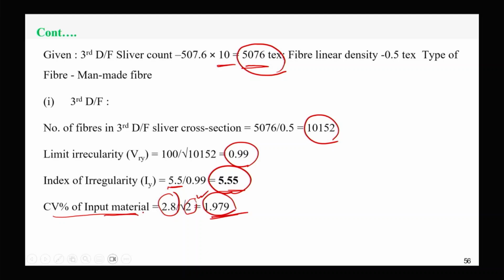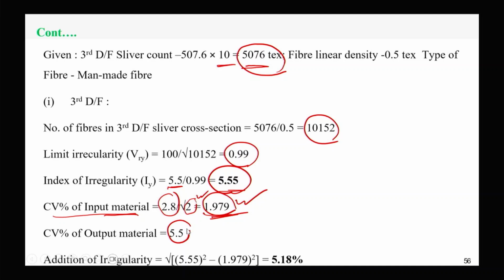So 2 slivers when we are feeding, so take second draw in sliver, 2 slivers were feeding, so input material at third draw is 1.979, and output is 5.5, and we can say the addition of irregularity is 5.18.